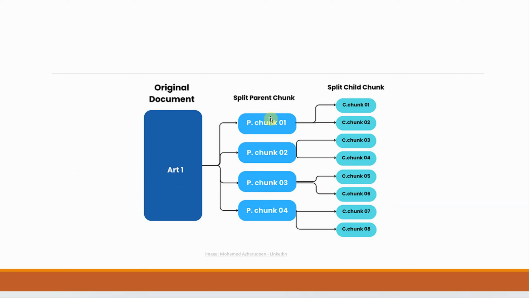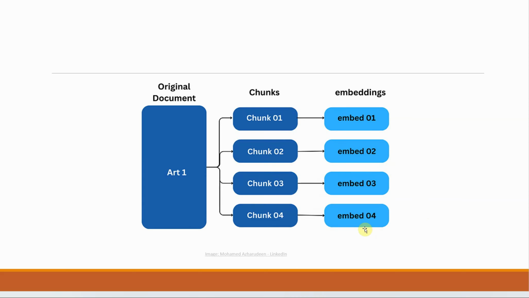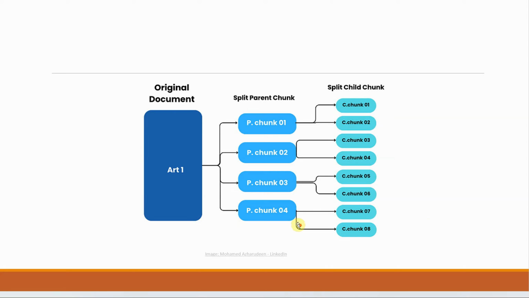So now we have 4 chunks out of that parent document, and definitely this chunk size is much larger than what we are going to query. Out of those individual parent chunks, the intermediate chunks, we then further create chunks. That's why we have 8 different chunks. Initially we had 4 chunks, but now we have split those parent chunks into multiple chunks. The user will still be querying these chunks, but will get the major portion of the document rather than just one chunk.